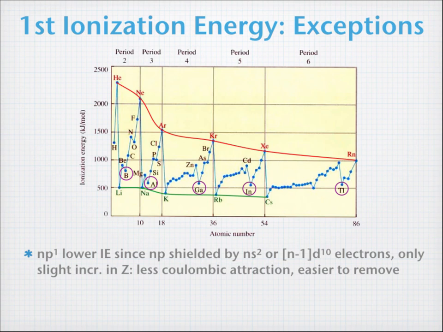What's happening here is that when we populate an electron into the np1, the first p orbital, that p orbital is more shielded by either the s electrons immediately preceding it, as in boron and aluminum, or the d electrons, as in gallium, immediately preceding it. So even though there's a slight increase in the nuclear charge as we move from one element to the next, that shielding decreases the Coulombic attraction of the last electron, and that makes that electron easier to remove.